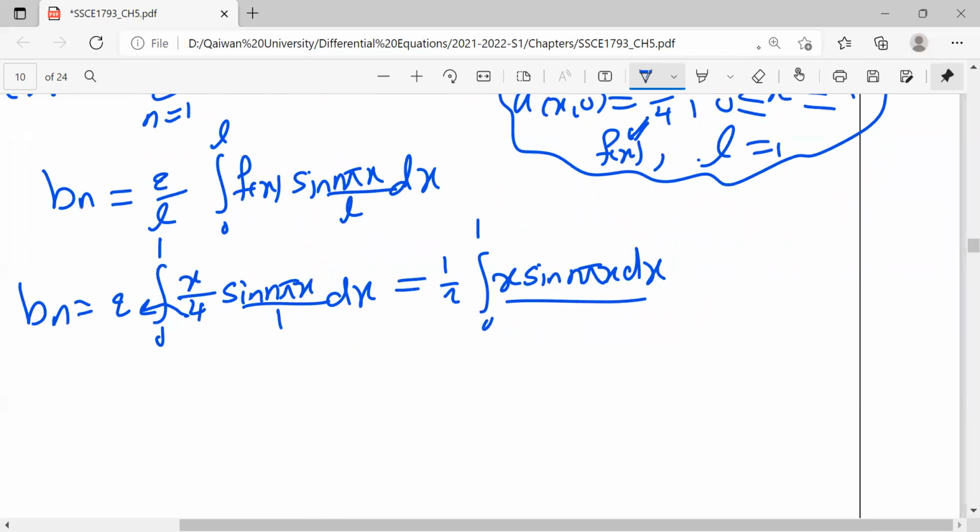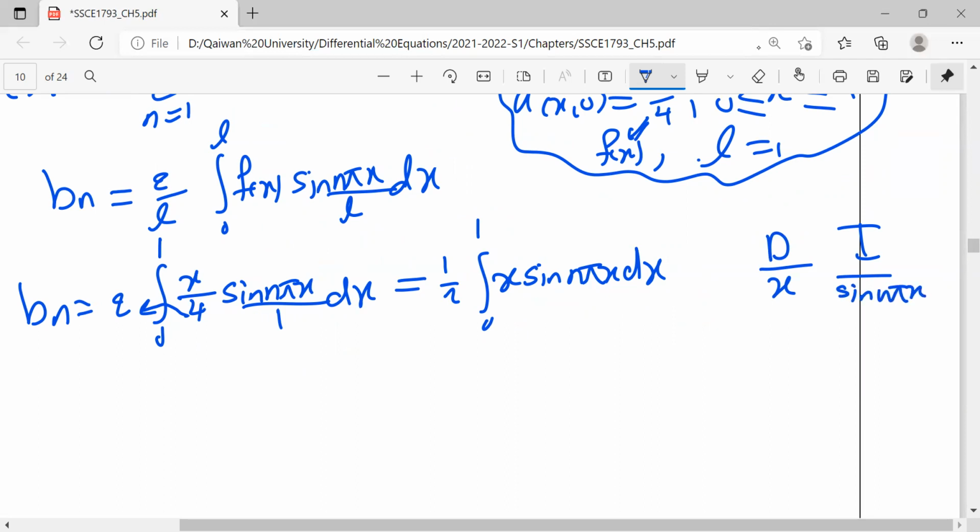Here, to get the result of this integration, we take D and I. We put x to be D for the derivative because we get 0 when we take derivatives. And for integration, we have sine n pi x.